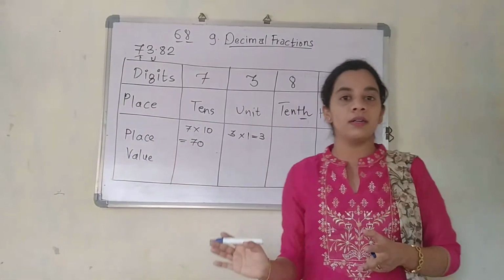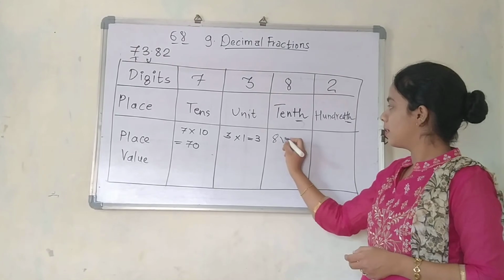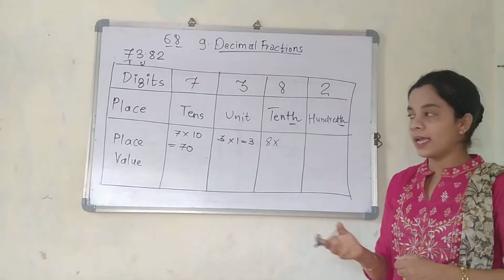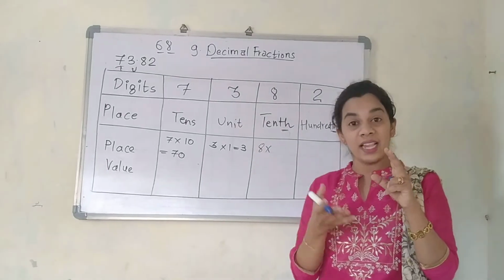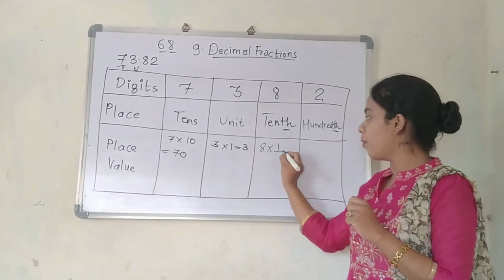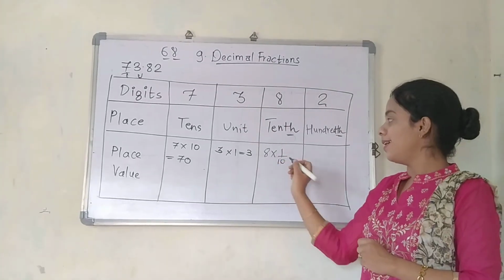Now the main part is of the digits after the decimal point. 8. Tenth means what? Tenth means you know it is 10. Tenth means one's tenth part, that is 1 upon 10. Now 8 into 1 upon 10.